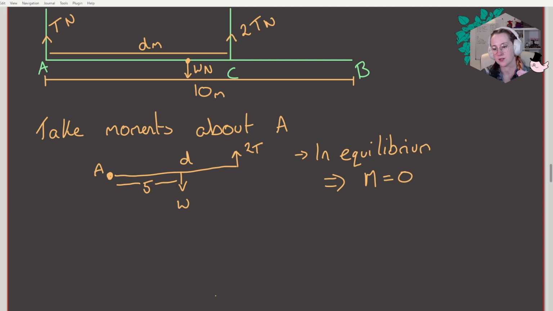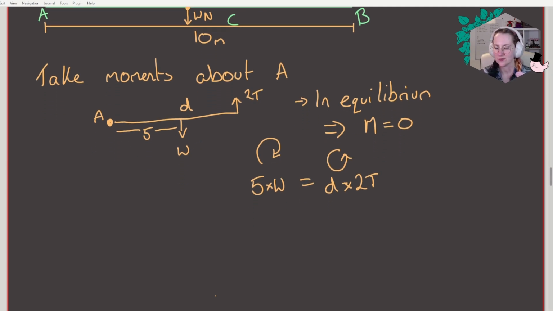So in the clockwise direction, we have 5 times W. And in the counterclockwise direction, we have D times 2t. This gives us that 5W over 2t is equal to D. Yay, amazing. Except this has 2 values in it that are not helpful to us.